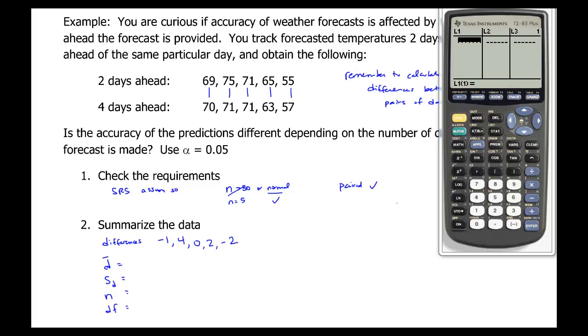Now that our list is empty, I'm going to put in the 2 days ahead data into list 1. And then go over to list 2 and make sure that I put in the data for 4 days ahead in the same order as I put in the 2 days ahead so that our pairs stay together.